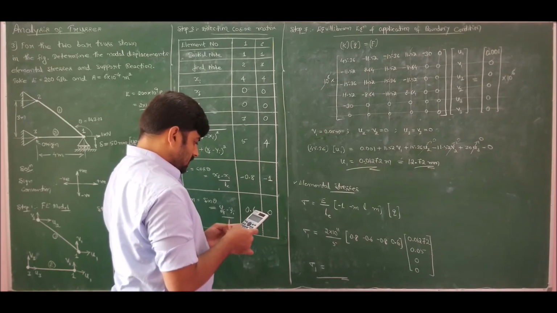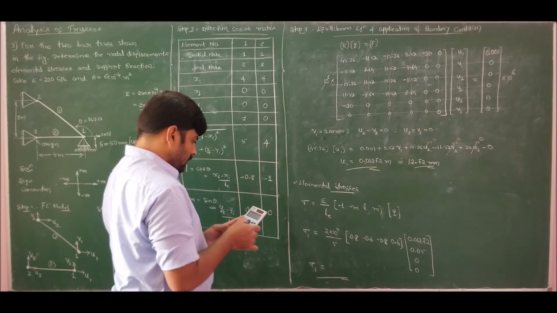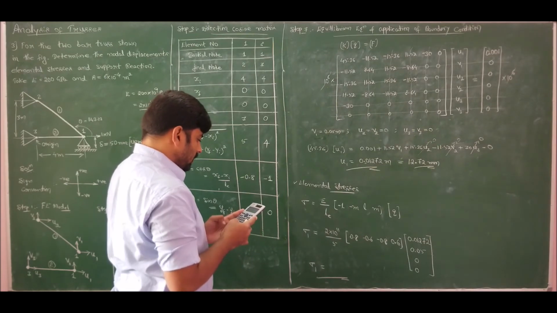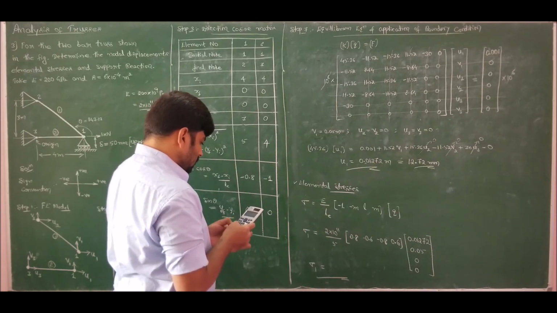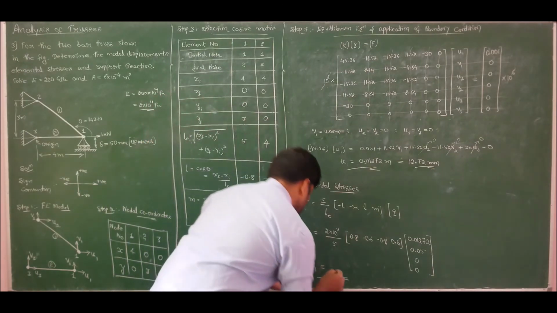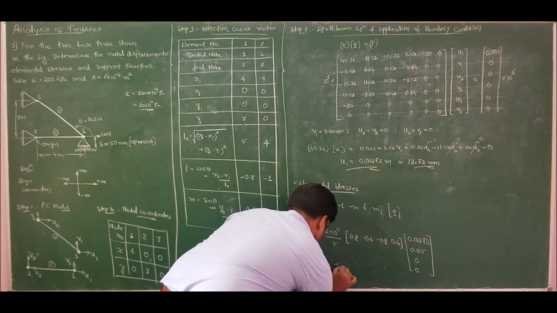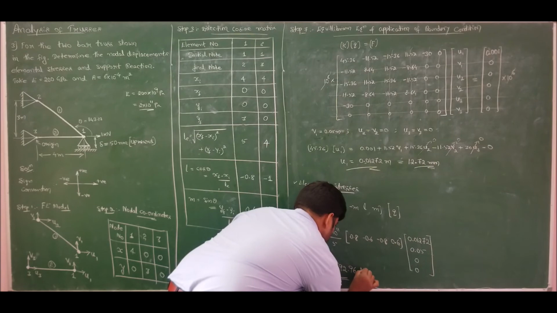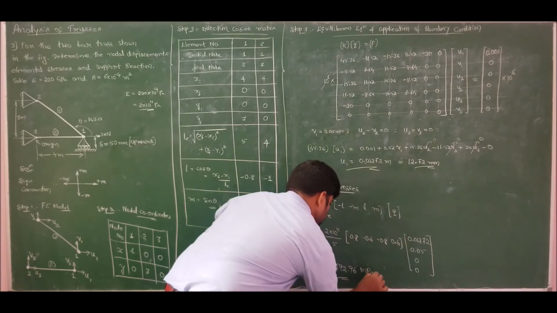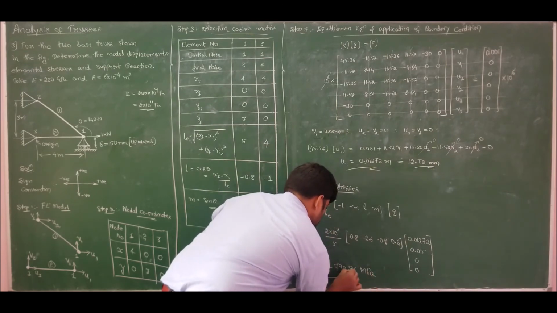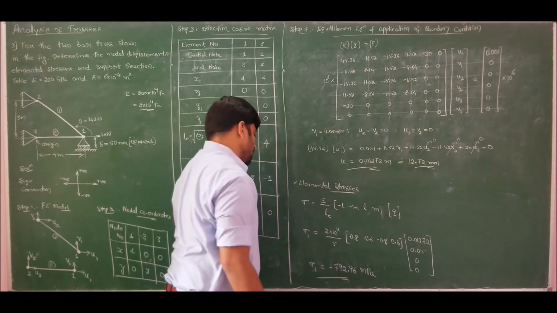This answer is multiplied by 2 into 10 to the power of 11 divided by 5, which turns out to be minus 792.96 megapascals, since 10 to the power of 6 pascals is megapascals.